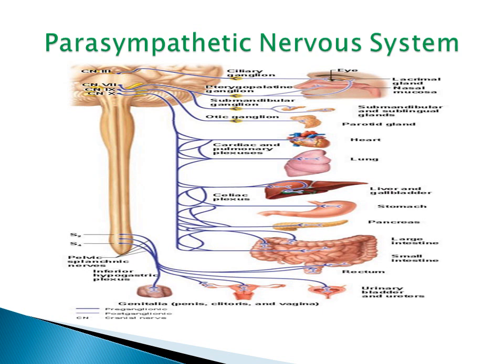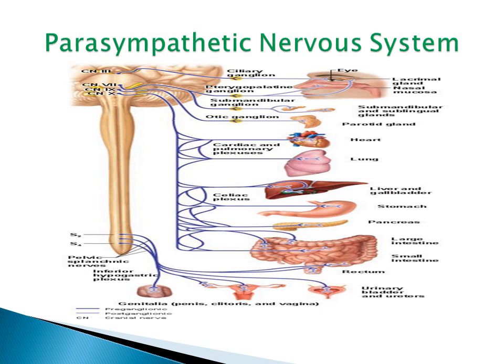The seventh cranial nerve is present in the medulla. Its preganglionic fibers synapse with either the pterygopalatine ganglion or the submandibular ganglion.